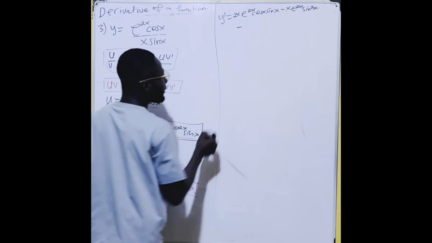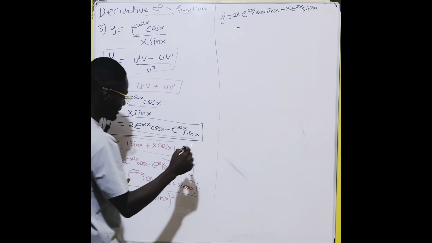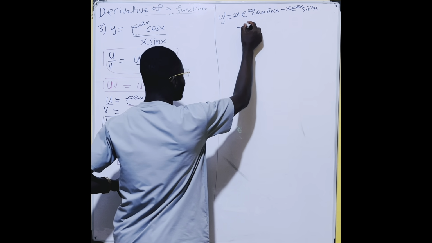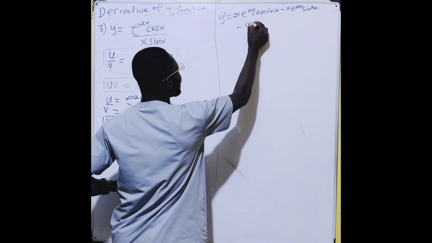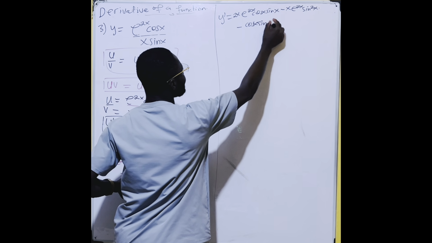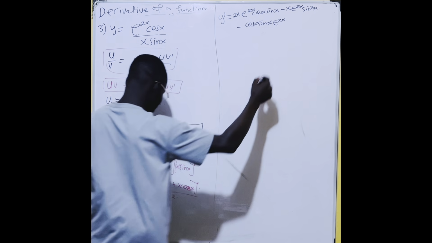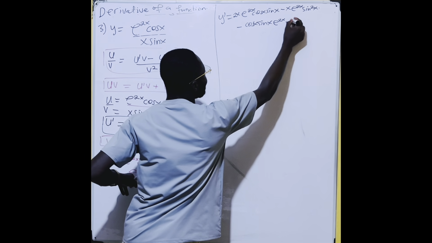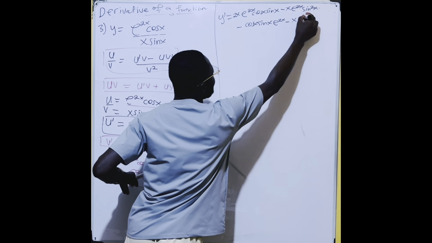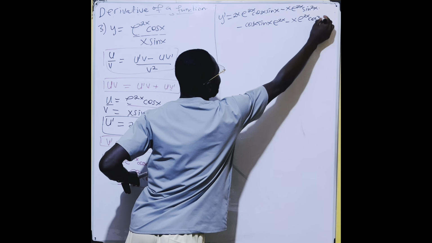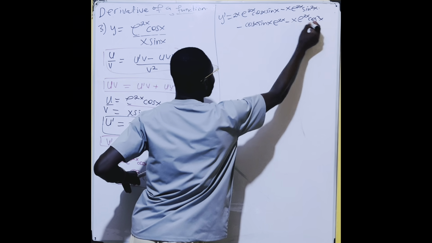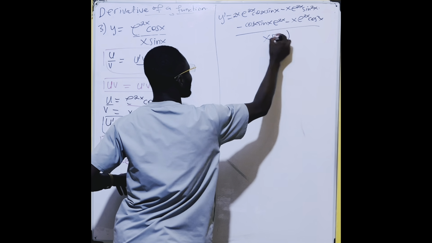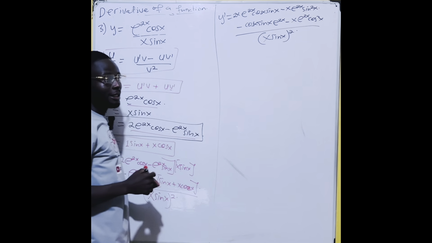Divide, minus, we spread this 2 here, we're going to have minus cos x sine x e to the 2x. Then this to that, we are going to have minus x e to the 2x cos squared x, right? Divided by x sine x all squared, right?